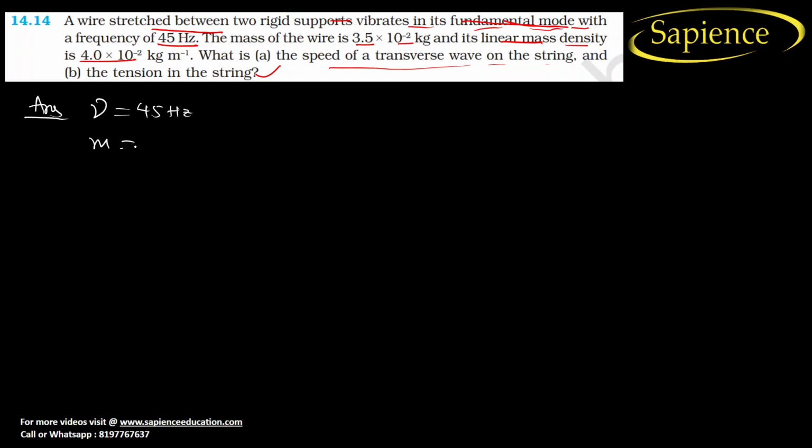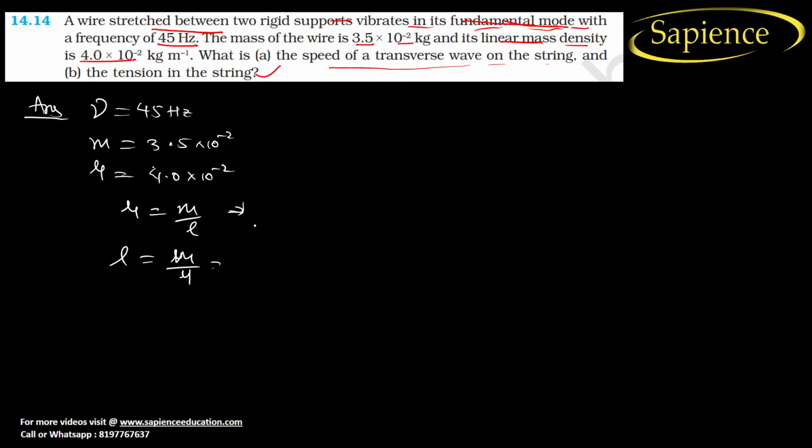They have given mass as 3.5 into 10 to the power minus 2 kg, and the linear mass density, that is mu, is equal to 4.0 into 10 to the power minus 2. So from here can we find the length? Mu is equal to mass by length, so length will be equal to mass by mu.